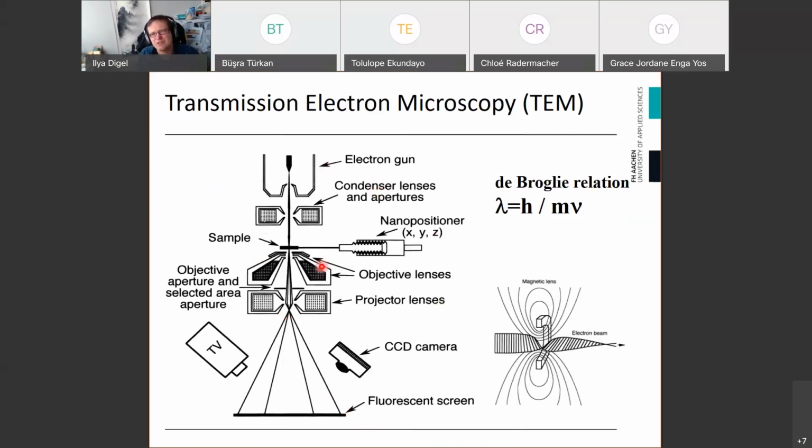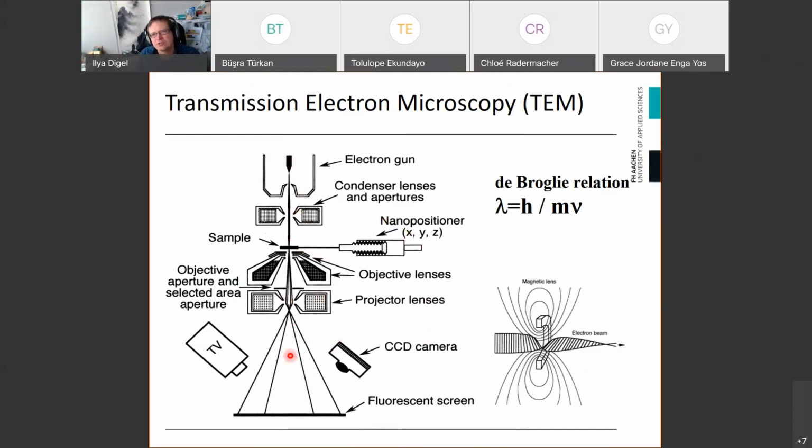Here is a typical electron microscope setup. It's mostly a scanning electron microscopy system, but here we will consider transmission electron microscopy. So we need some source of electrons, and this emitter of electrons produces some flow of electrons. It will then be focused by magnets, and we call it an electron lens.